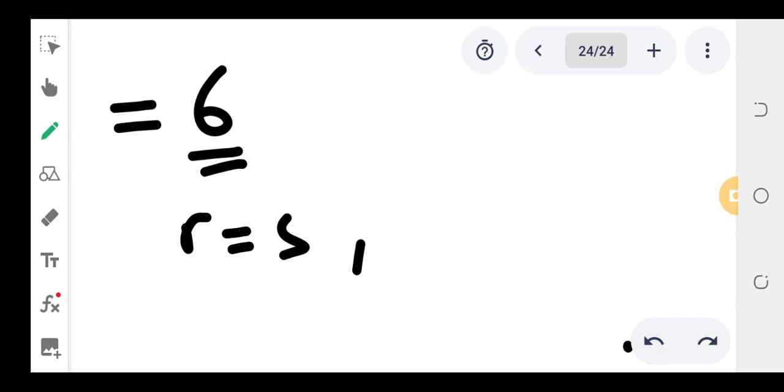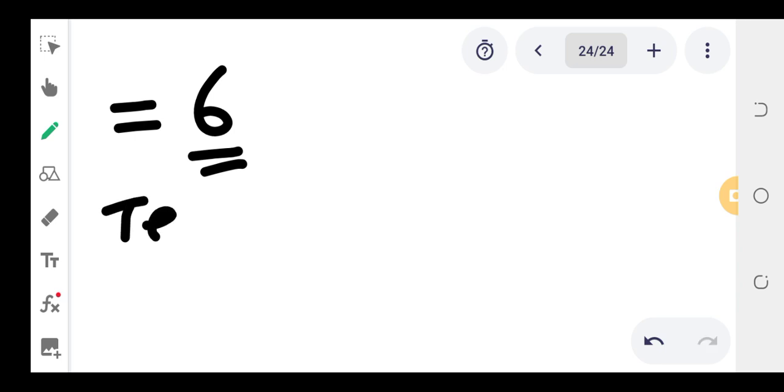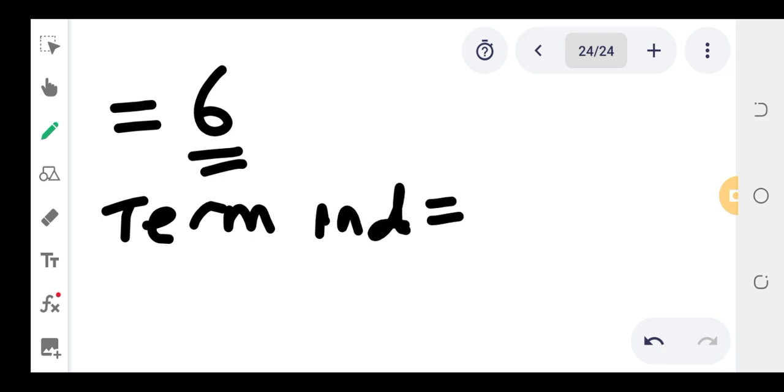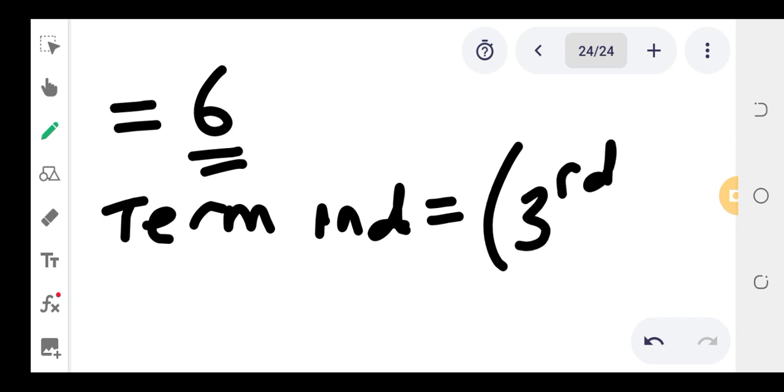So in this case, I'm saying the term independent of x is the third term, since the value of r is equal to 2, and it is equal to 15. So that is my answer.